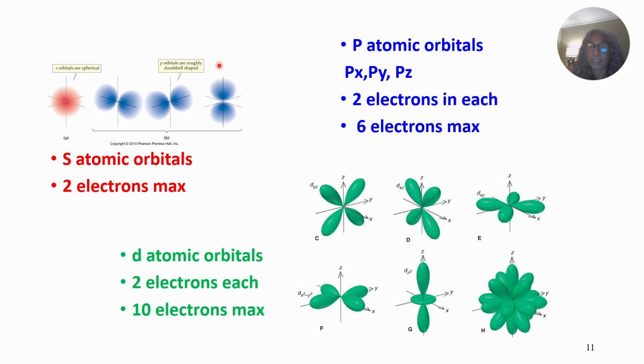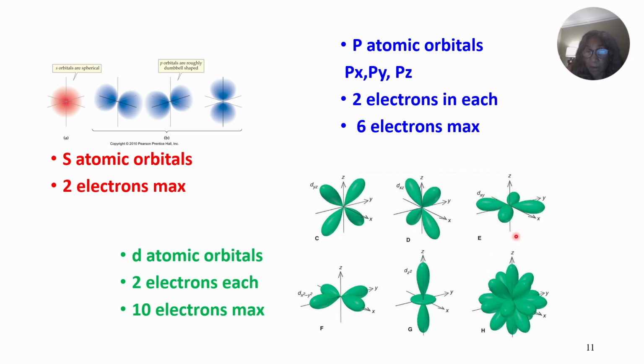I just want to emphasize that we don't place 6 electrons on a P atomic orbital, all of them together. Each atomic orbital can hold up to 2 electrons only, but we have a Px, Py, and Pz. Then the same concept applies with the D atomic orbitals. We have 5 D atomic orbitals.